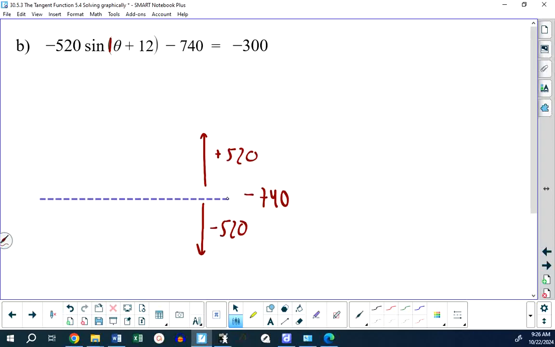So we need to add 520 to negative 740 and get, was that 220? Negative 220? And when we take away 520, we're down at negative 960, I think. Let me put these up here so you can see them.